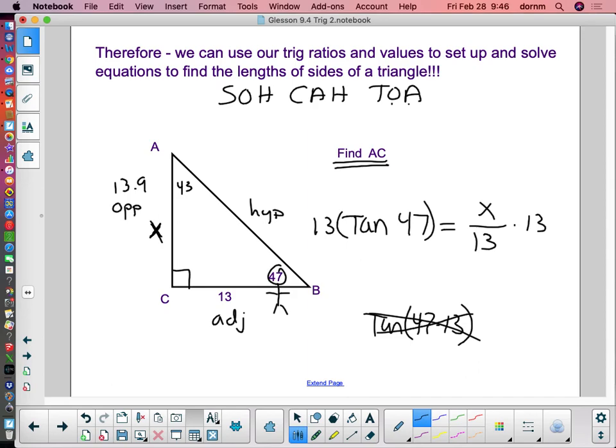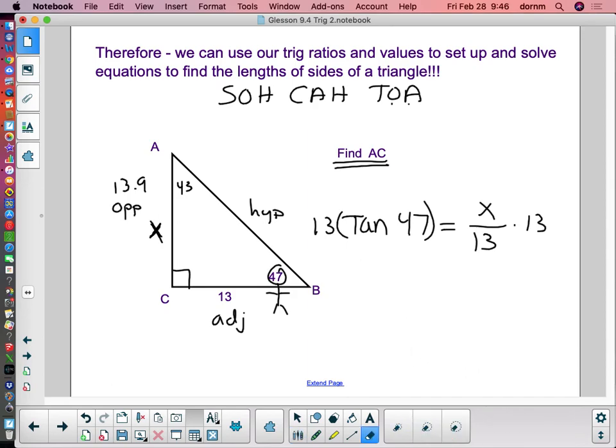Now, the interesting thing is when you take the ACT or other standardized tests, they actually wouldn't want 13.9 as an answer. This would be a multiple choice. And your answer would be x equals 13 tan 47.